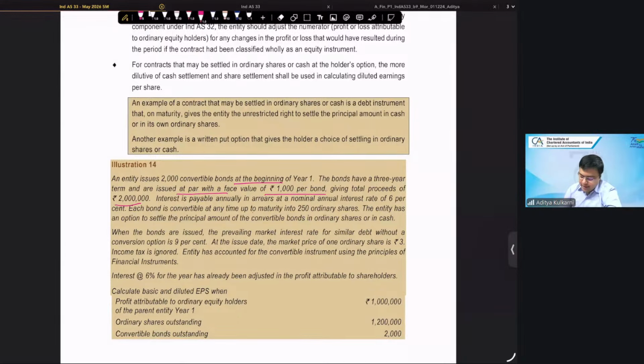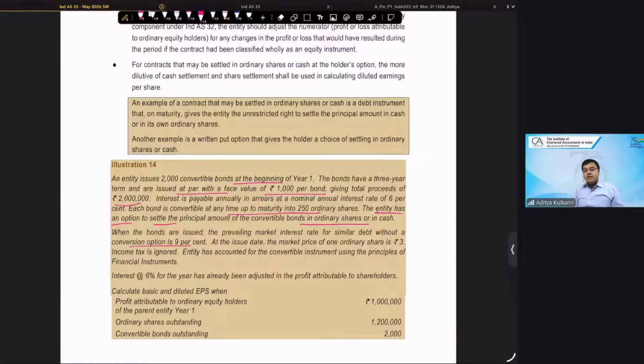Each bond convertible anytime up to maturity into 250 ordinary shares. Entity has an option to settle the principal amount in ordinary shares or in cash. Entity has the option. It's not at the option of the holder. It is at the option of the entity. When the bonds are issued, the prevailing market interest rate for similar debt without a conversion option is 9%.